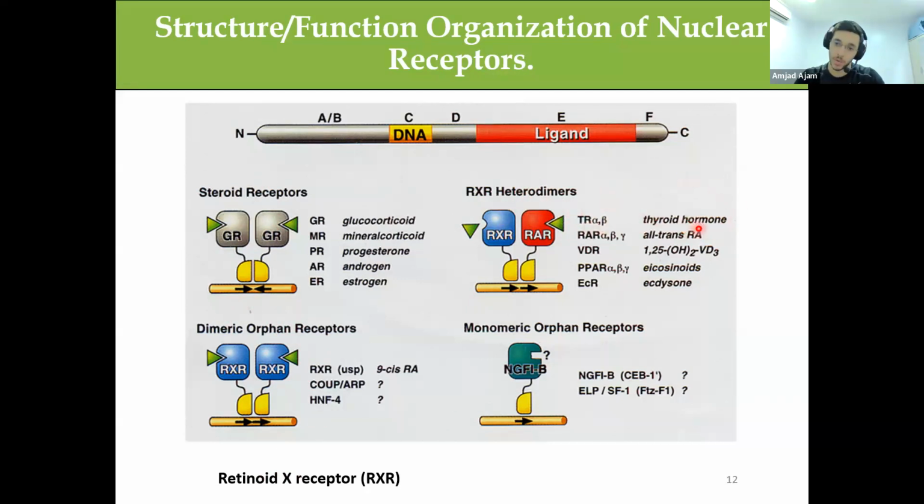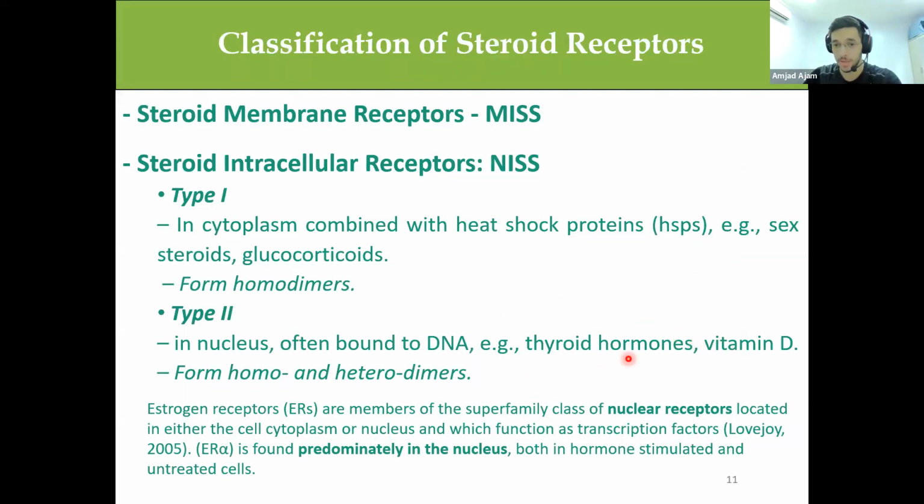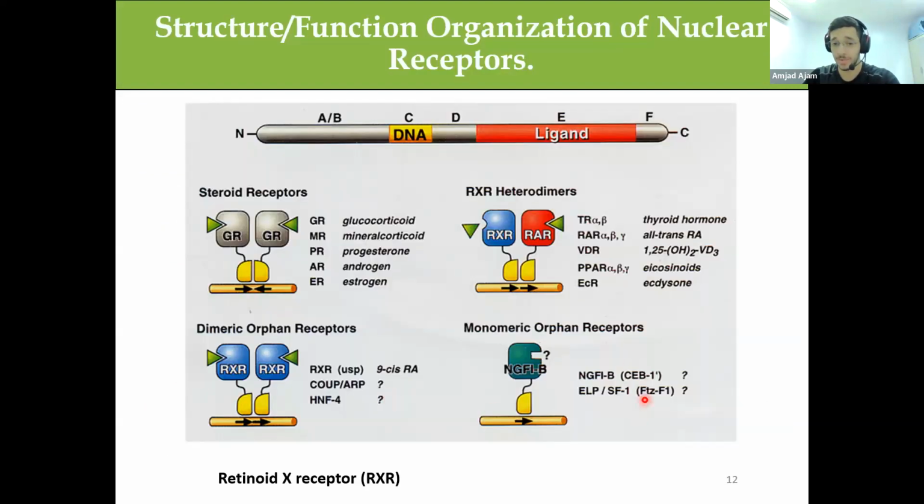An example here is thyroid hormone or vitamin D3. As you can see here, thyroid hormone and vitamin D can form both homo and hetero. So in summary, homo is 2 receptors of the same type, hetero dimerization is when we have different receptors bound to a thyroid hormone or vitamin D. And that's it for the homo and heterodimerization.